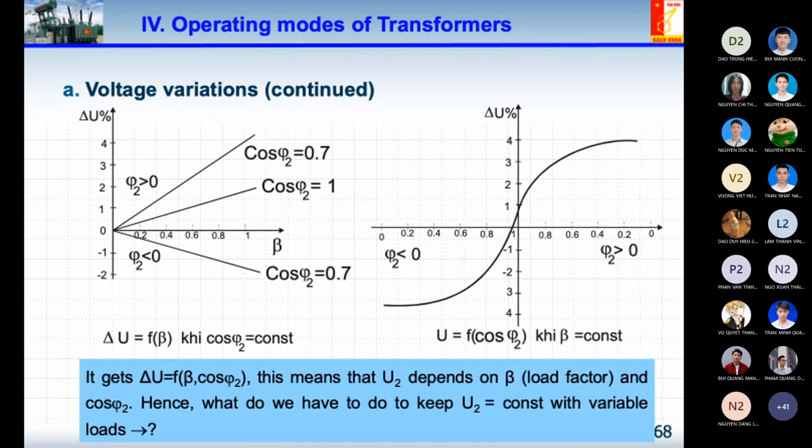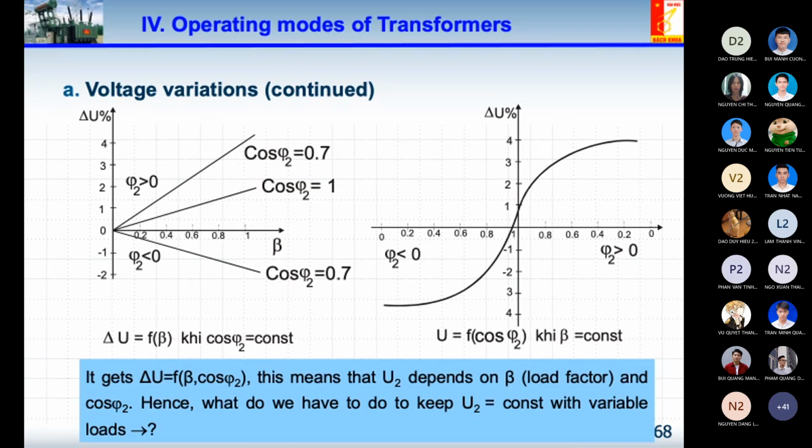But I would like to re-ask all of you again: which winding do we change the turn number of? Do you remember? I think it's the same question as last week. If you want to keep the output voltage of the transformer constant, of course all of you know we have to change the turn number of the winding.